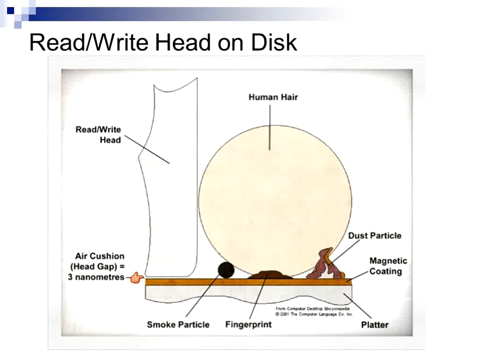It says here like 3 nanometers. To give you some perspective, if that's the size of the gap, this is the size of a smoke particle. This is the size of a fingerprint, this is the size of a dust particle, and here's how big a human hair would be. So that's how close that read-write head is flying over these disks.